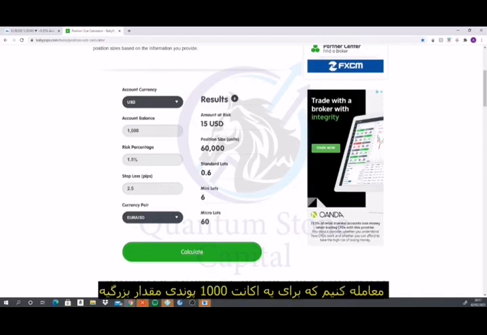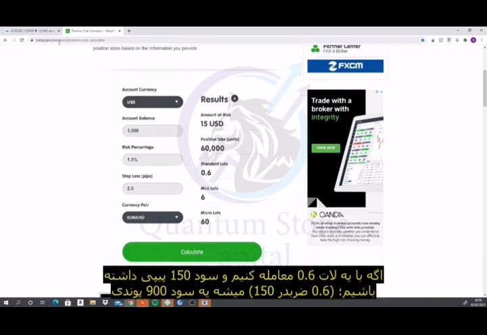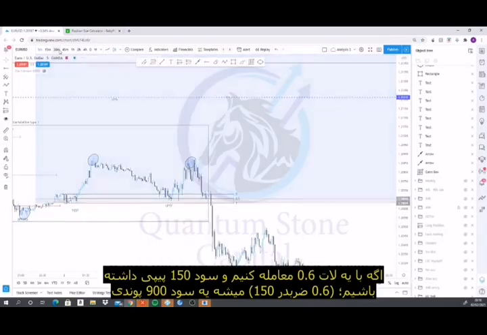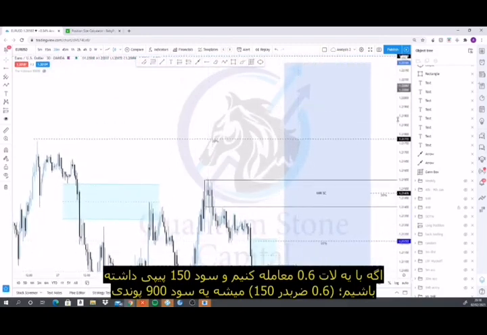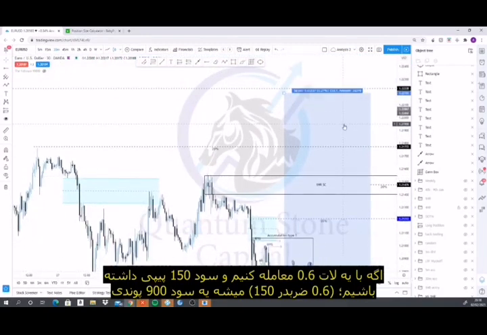Now that's a massive lot for a £1,000 account, and if we do the maths on that, that's a 0.6 lot with, I believe that was 150 pip take profit. So 150 pip take profit, so 6 times 150, that's arguably a £900 return if you let the position swing.